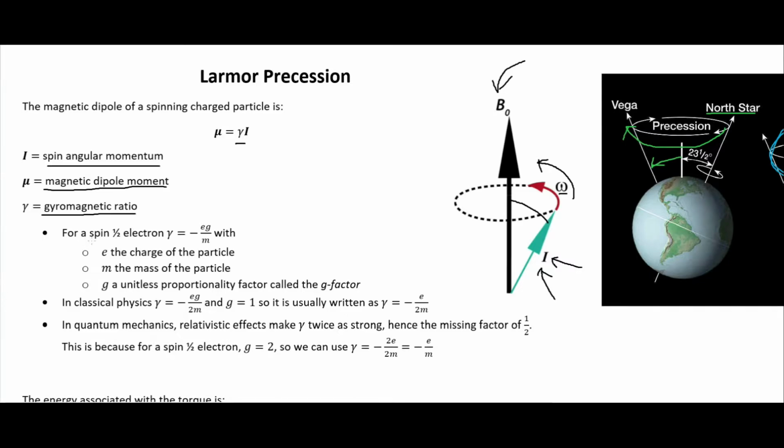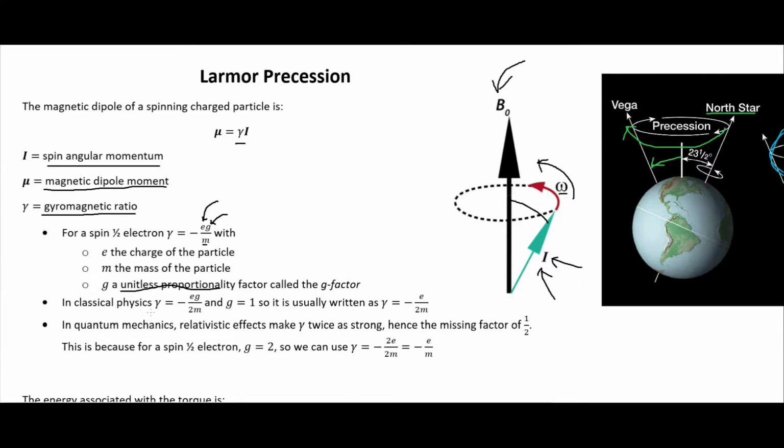For a spin half electron, gamma is equal to minus e over m, where e is the charge, which for an electron would be negative, and m is the mass. This g is actually the g factor, which I'll talk about in a second. It is a unitless proportionality factor.